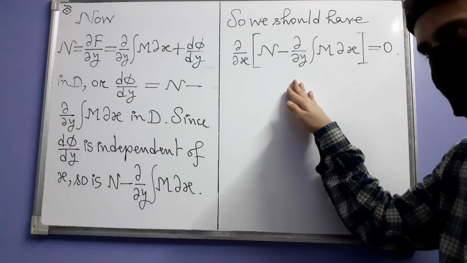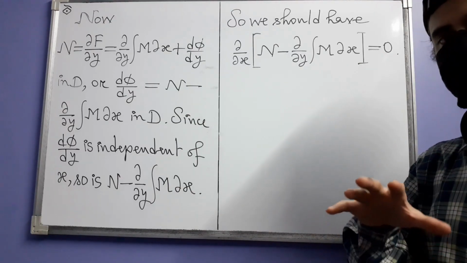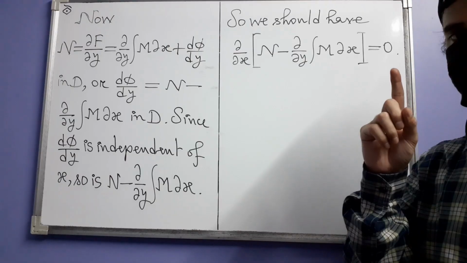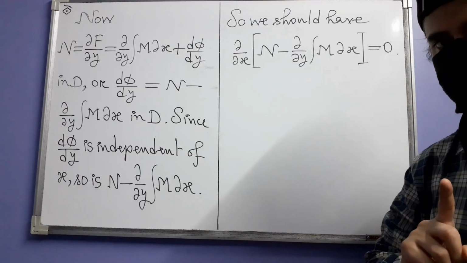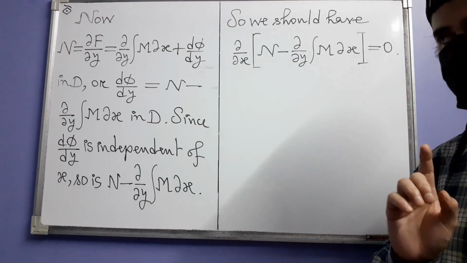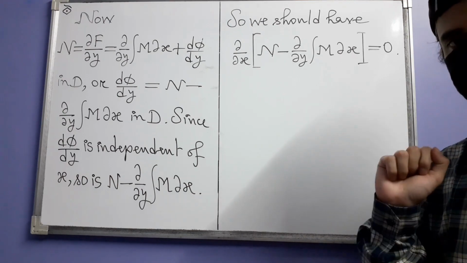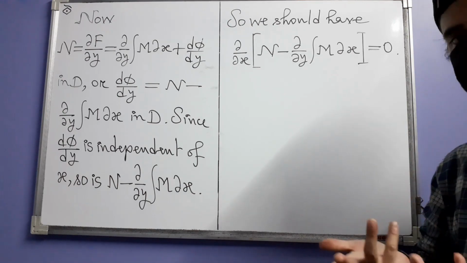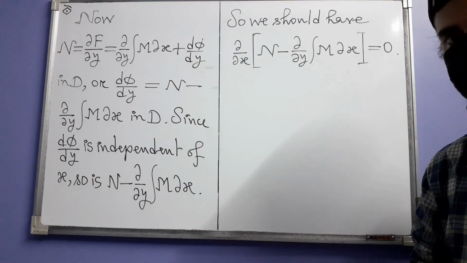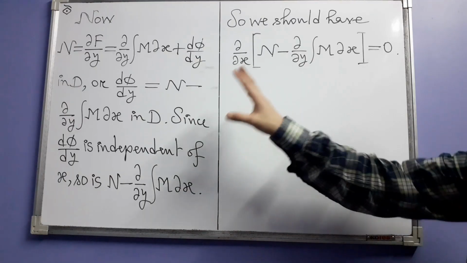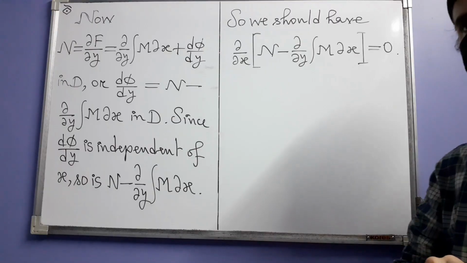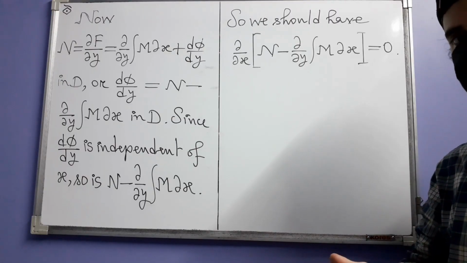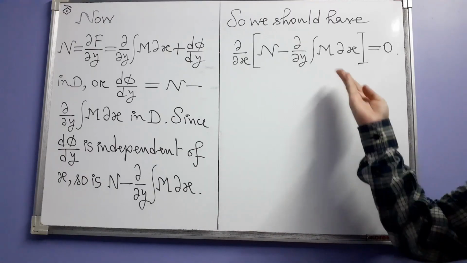Up to this stage, we have been working with the assumption that such an f exists. Remember that. Okay, we haven't really found f or shown that f exists. In fact, that is our aim in this part too. But we have come to know after working this much that if f exists, then this should be true.